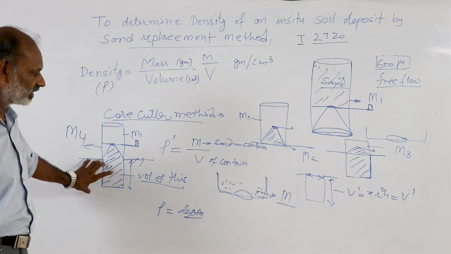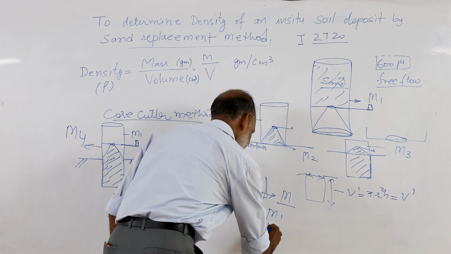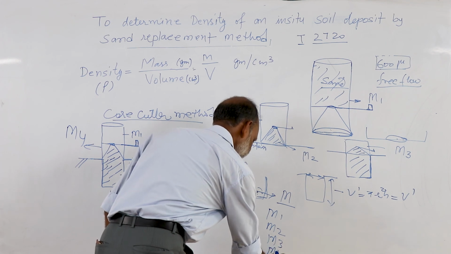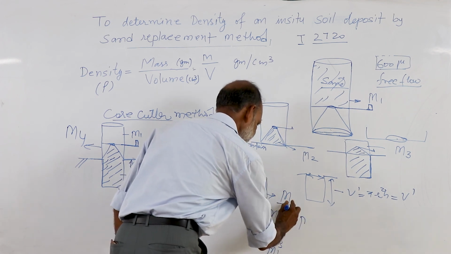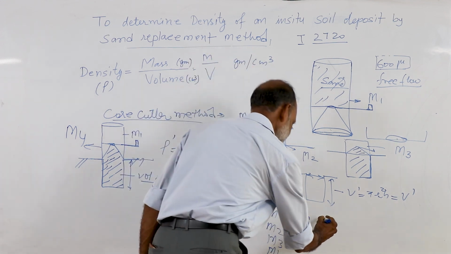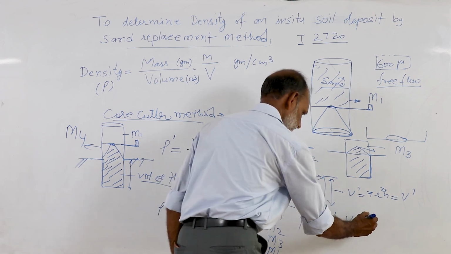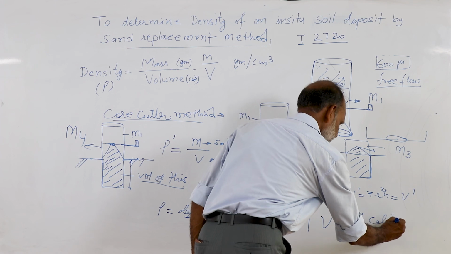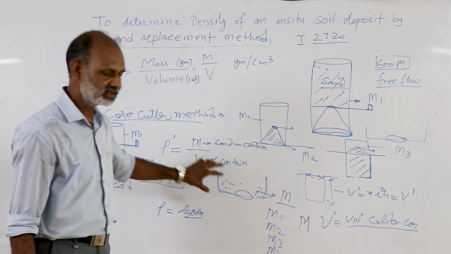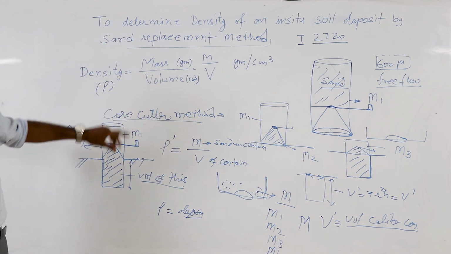We will see how we calculate it with these observations M1, M2, M3, M4 and M, which we have written here, and V dash, which is equal to the volume of the calibrating container. With these 5 observations, we will see the calculation of density in the hole.